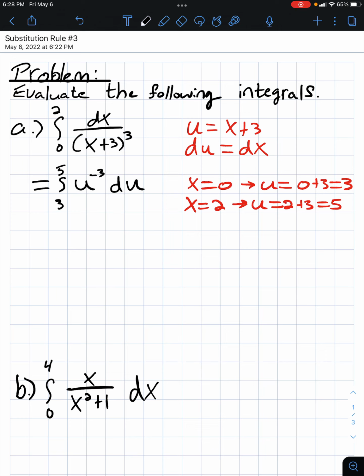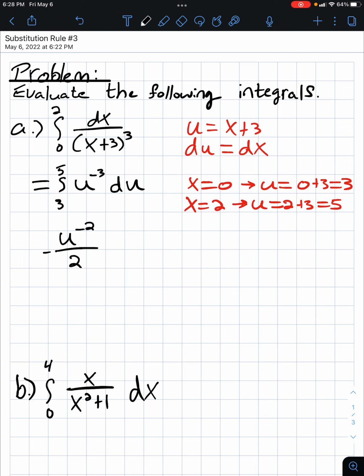All I did was take our denominator, which was u to the third, and bring it to our numerator, so it becomes u to the negative third. And since we have dx, it's du. So now if we take the integral of this, it will become u to the negative 2 divided by negative 2.